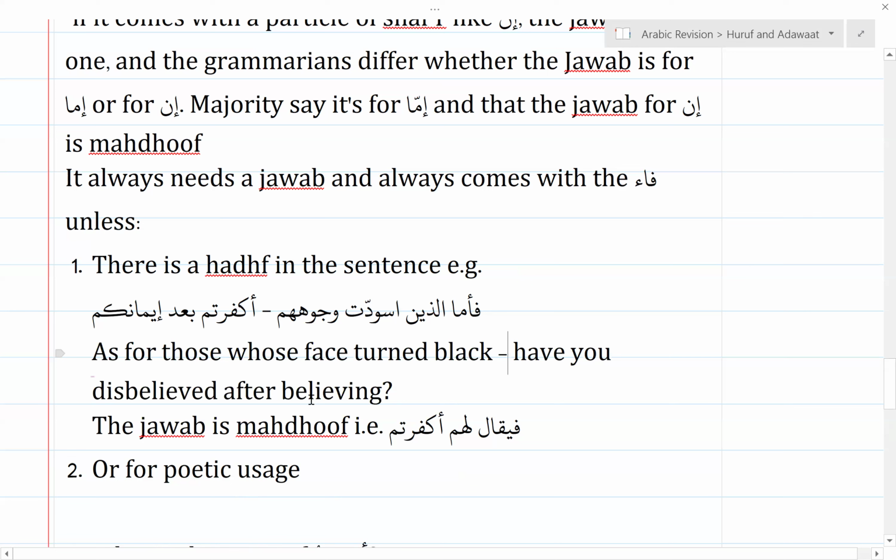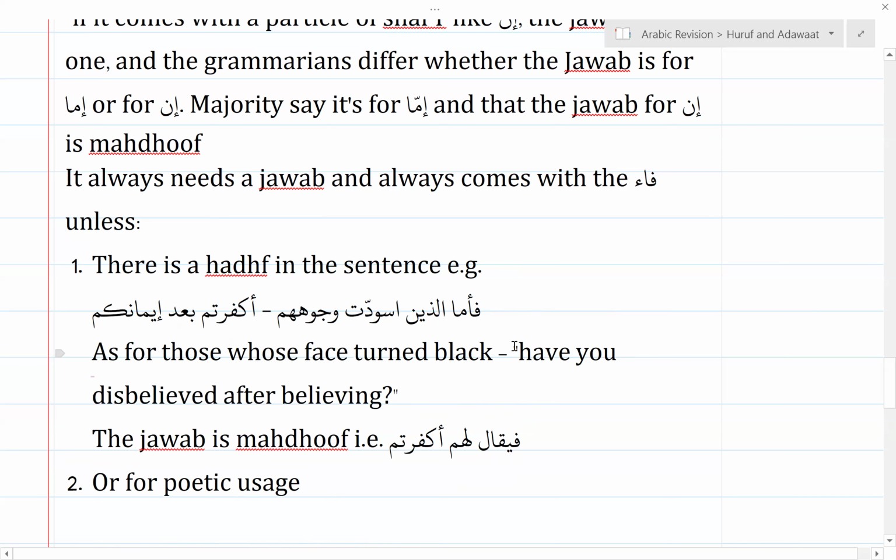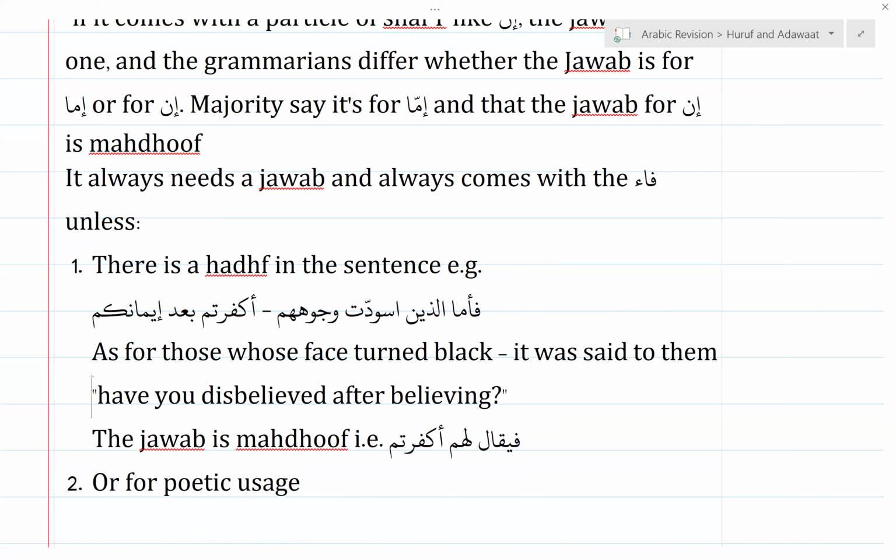As for those, third person, have you, second person, what's happening? It feels like this is like a maqul al-qawl, like something was being said to them. Have you disbelieved after believing? So you see a whole sentence is omitted, right? As for those whose face turned black, it was said to them.